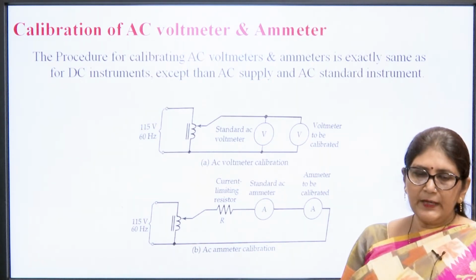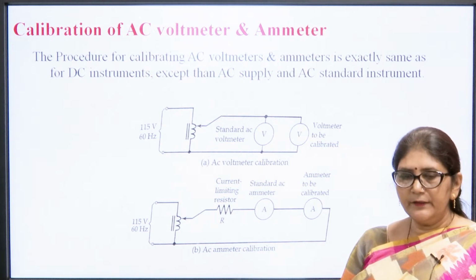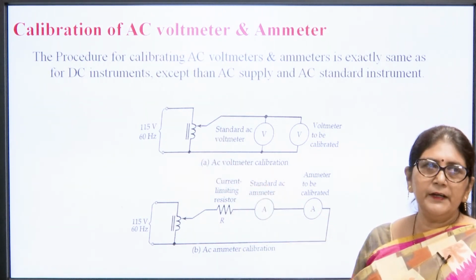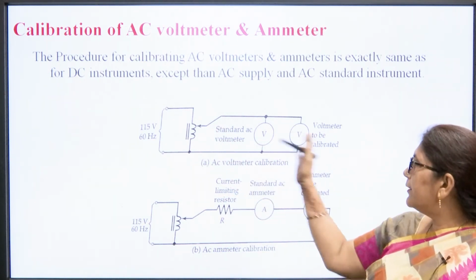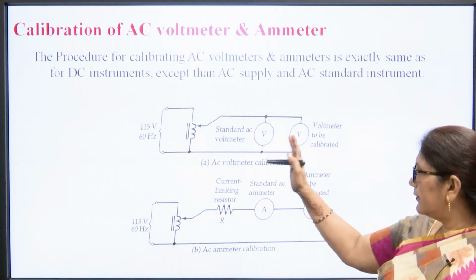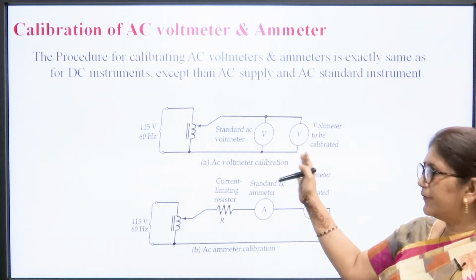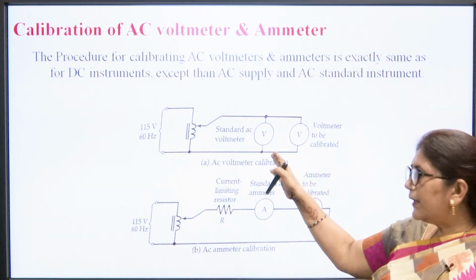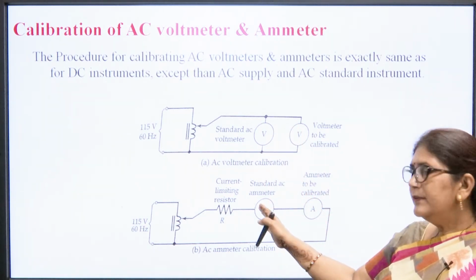Similarly, for calibration of an AC voltmeter and ammeter, in the same way we will use an AC supply, calibrate and compare both instruments, and note down the readings. Again, the voltmeter is connected in parallel and the ammeter is connected in series.